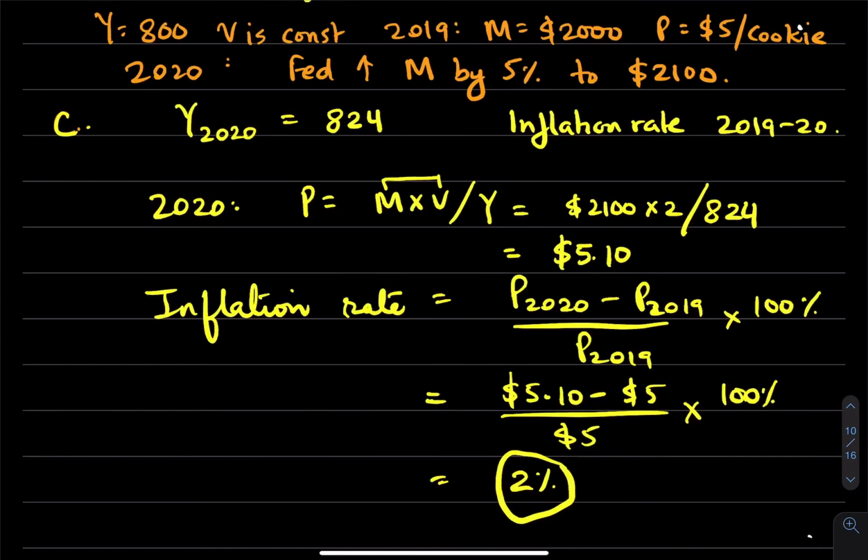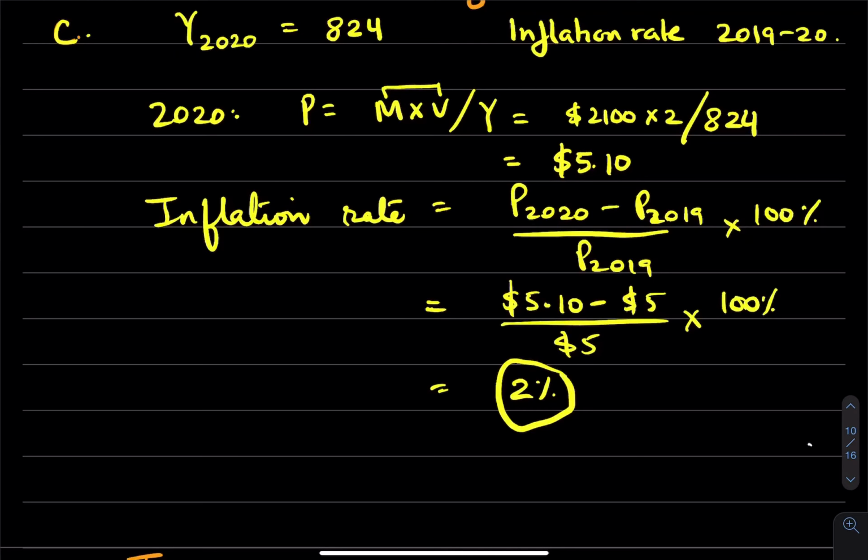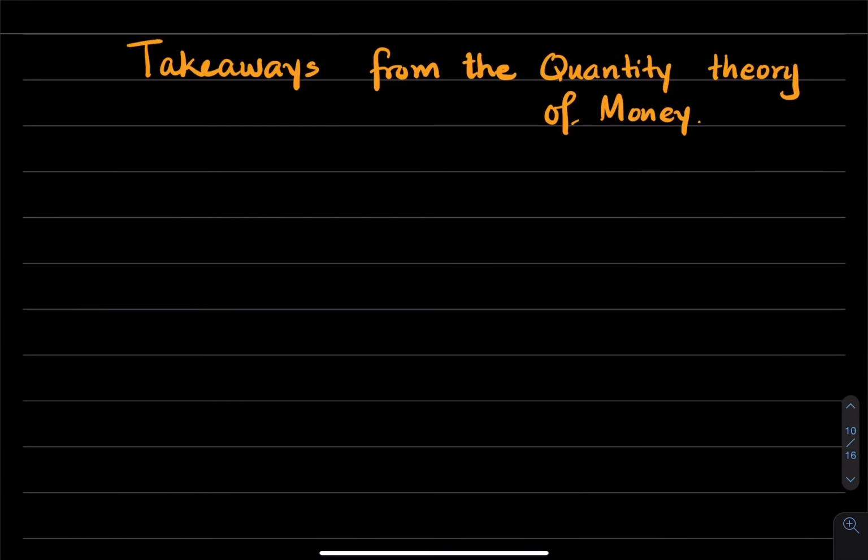So this type of an example illustrates some sort of takeaways from the quantity theory of money.